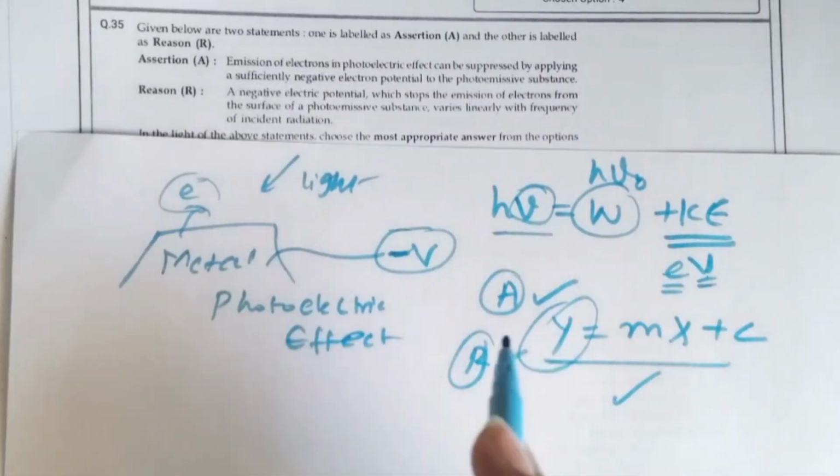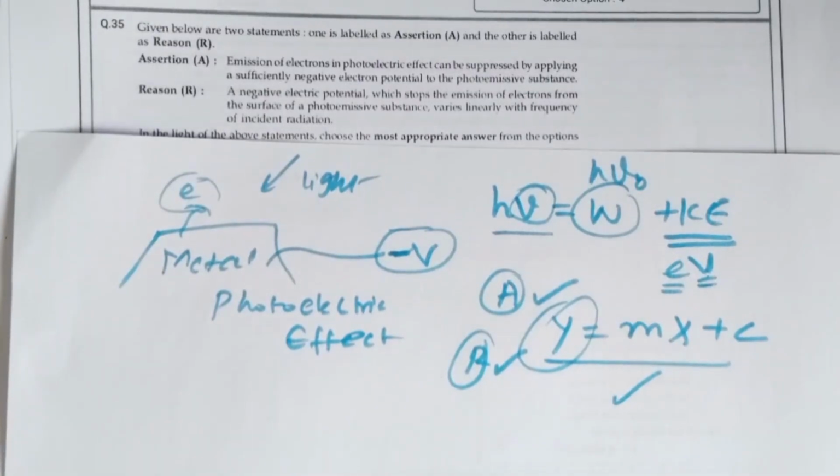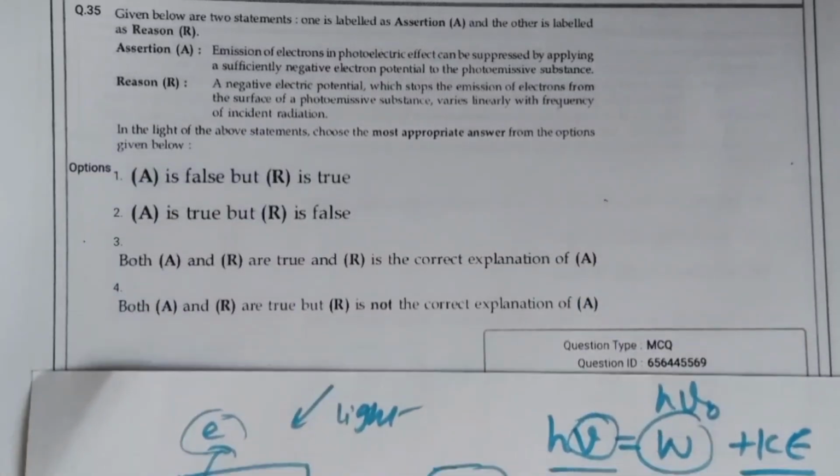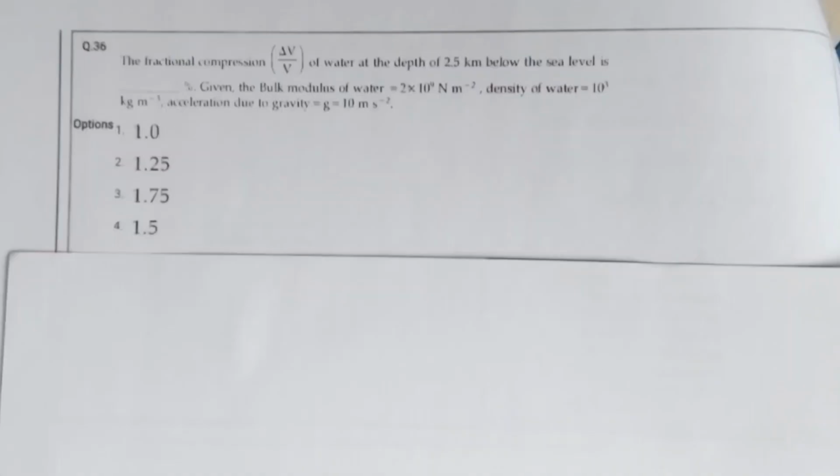So both A and R are correct, but R is not the correct explanation of A. Here he is telling that it varies linearly with frequency, but he is not explaining the assertion. So the correct option will be option number 4: both A and R are true, but R is not the correct explanation of A.